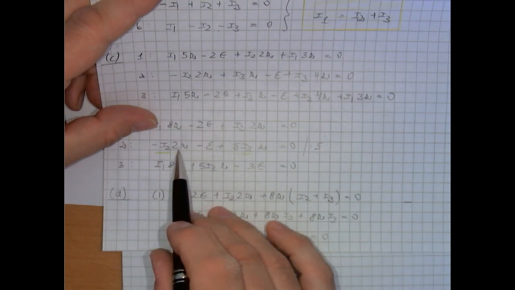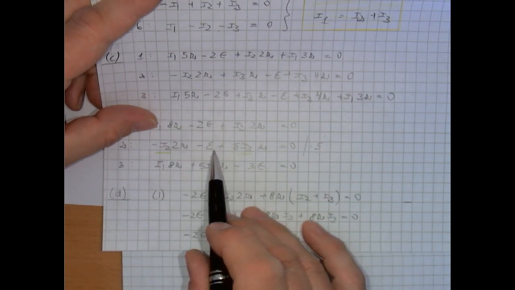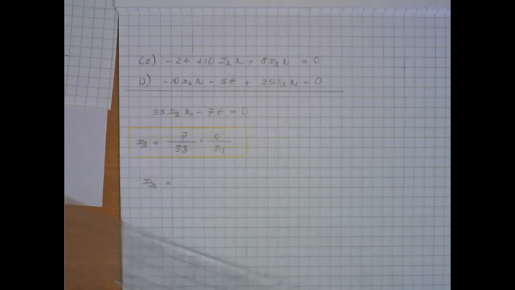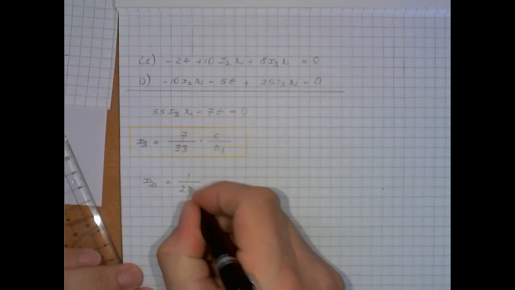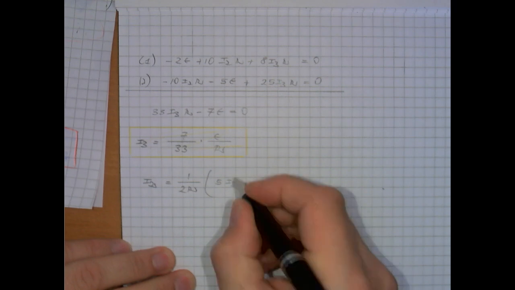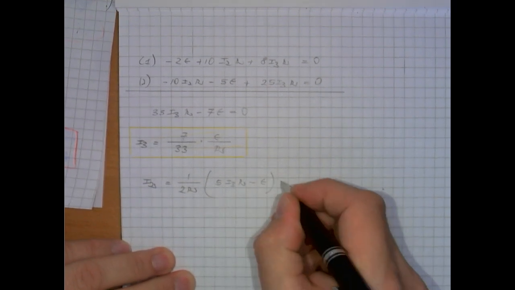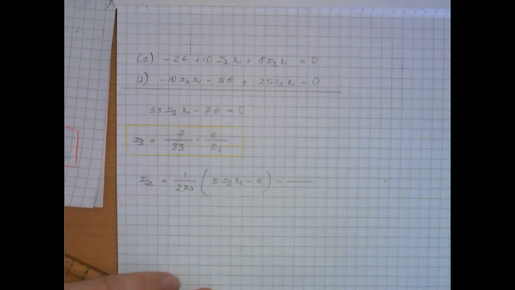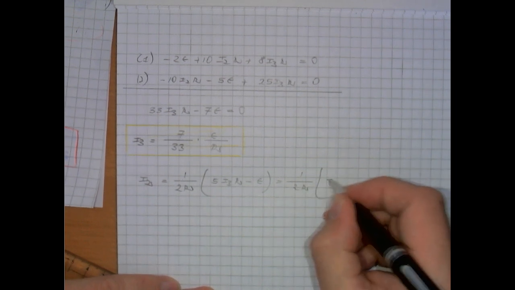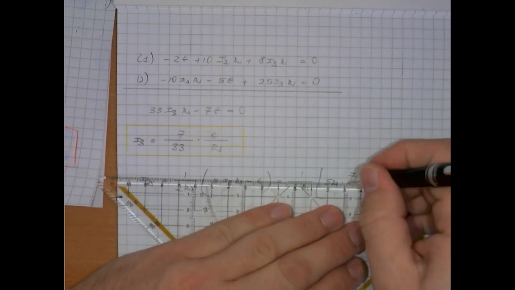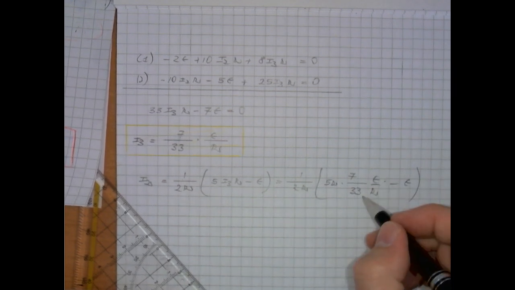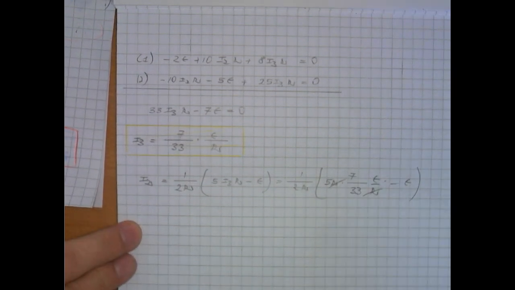So I2 equals 1 over 2r, parentheses, 5 I3r minus epsilon, equals 1 over 2r, and then we have here 5r times 7 over 33 epsilon over r minus epsilon, so r goes against this, and then 5 times 7 is 35.